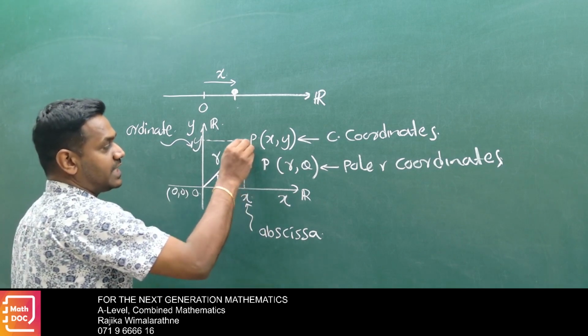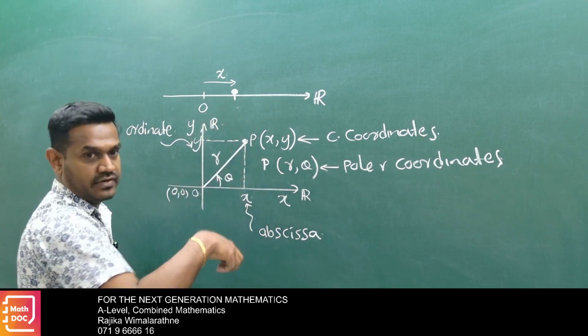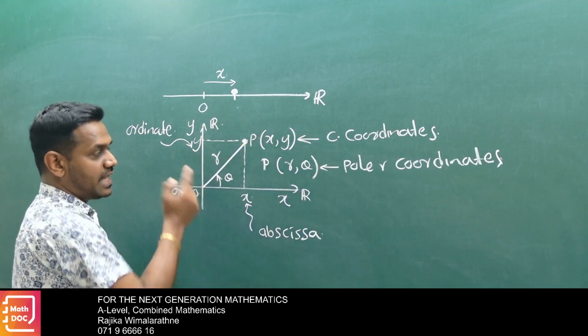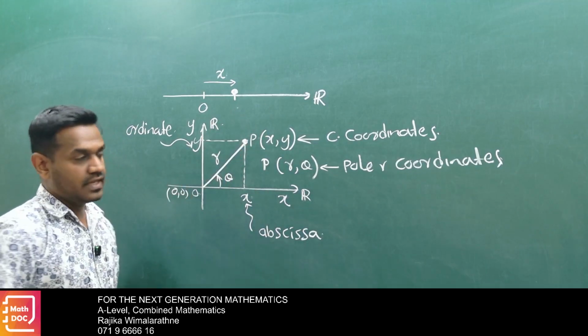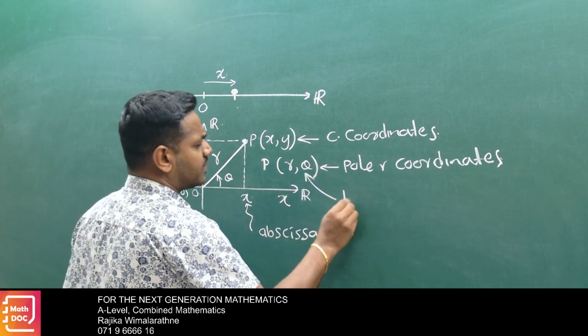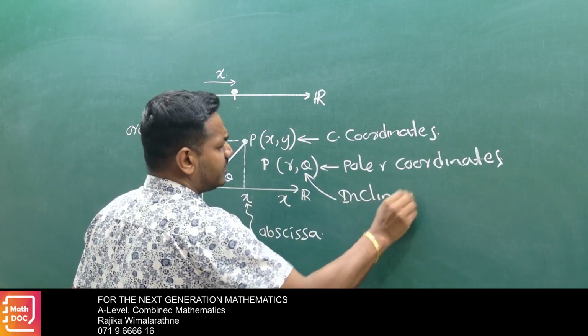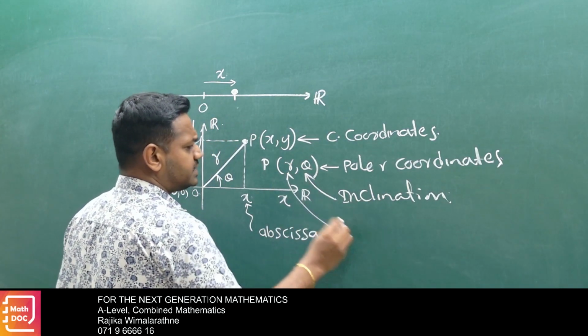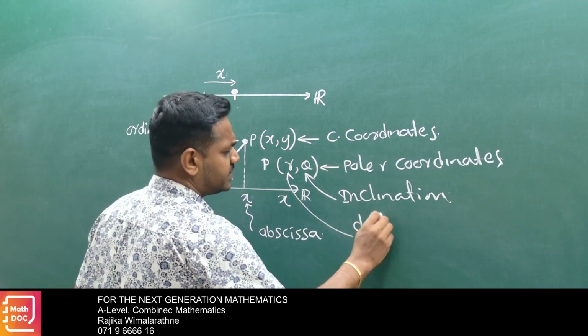Then this position can be given by the x coordinate and y coordinate, as well as the length of the distance from the origin and the inclination. Theta we call inclination, and r we call the distance from the origin.